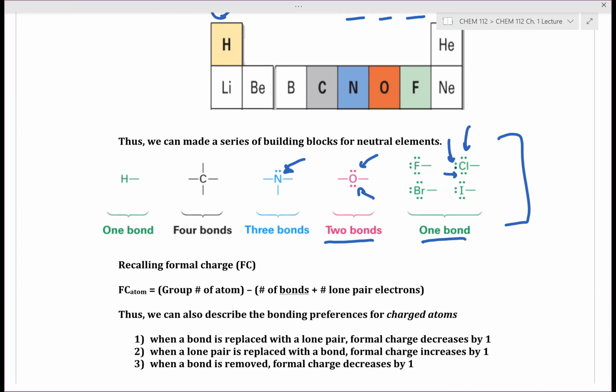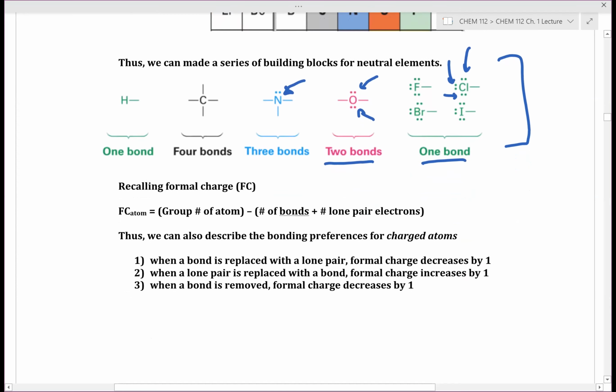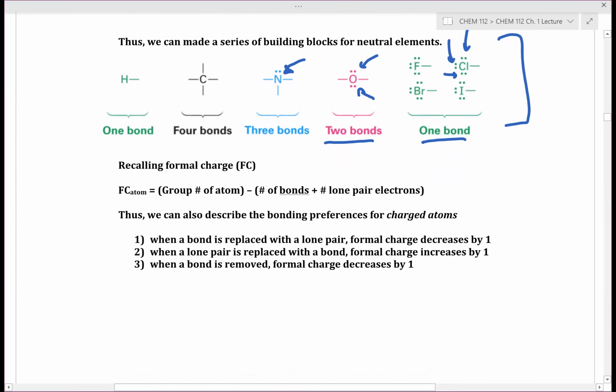Now, we can use this formal charge equation and come up with an interesting shortcut. If formal charge is the group number minus the number of bonds plus the lone pair electrons, we can use this equation to look at the bonding preferences for charged atoms. In general, when a bond is replaced with a lone pair, the formal charge will decrease by 1.